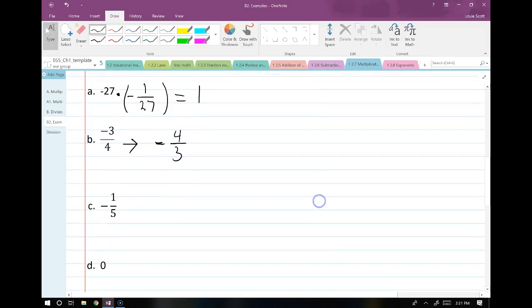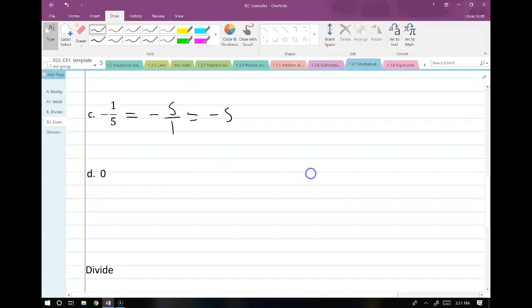If we want the reciprocal of negative 1/5, that is negative 5 over 1, which is equal to negative 5. Does 0 have a reciprocal? Nah, right? Because we form reciprocals by saying 1 over that number. And if we said 1 over 0, we'd be breaking our own rule.